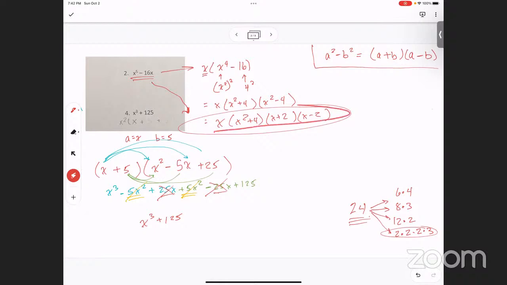So this is kind of like doing this. Look at the bottom right. See how I said 24 can be broken down into its product of primes. If you keep factoring all of these, what would they all end up with? If you keep breaking them down more and more, what would all three of these end up with? 2, 2, 2, and 3. Yeah, this is called the prime factorization. So this is like fully factored, is what I would say.